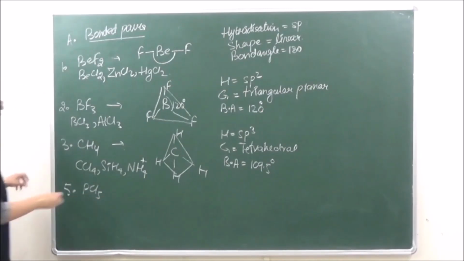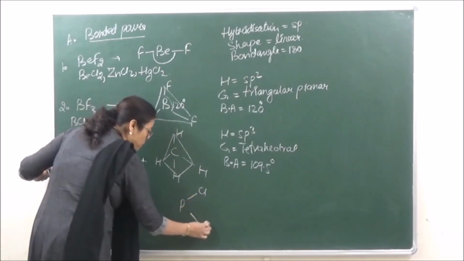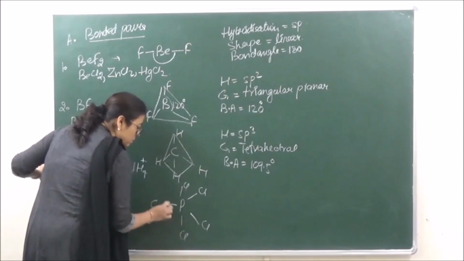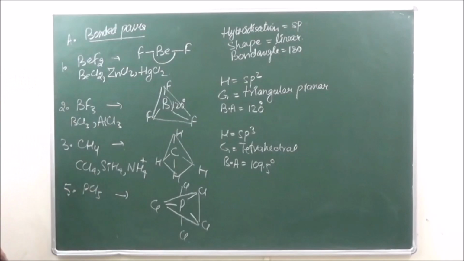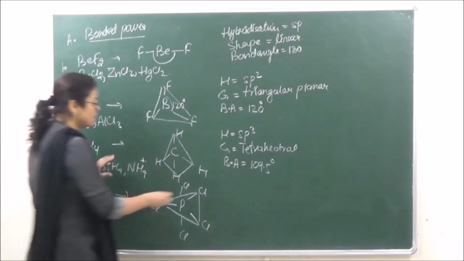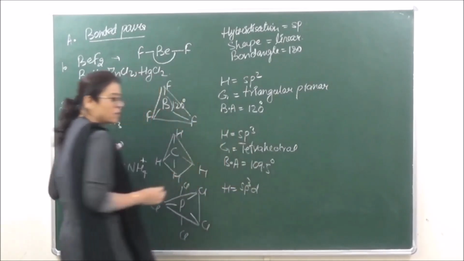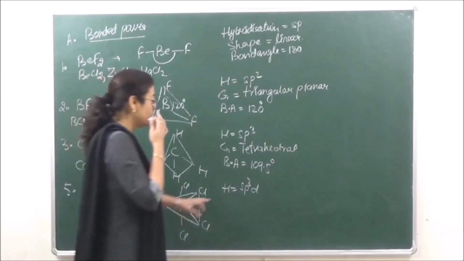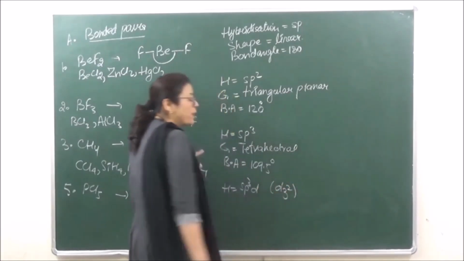PCl5. So PCl5 has this kind of a structure. PCl5 hybridization is sp3d. So the d which is participating, we have 5 d orbitals, the d which is participating over here is dz square.